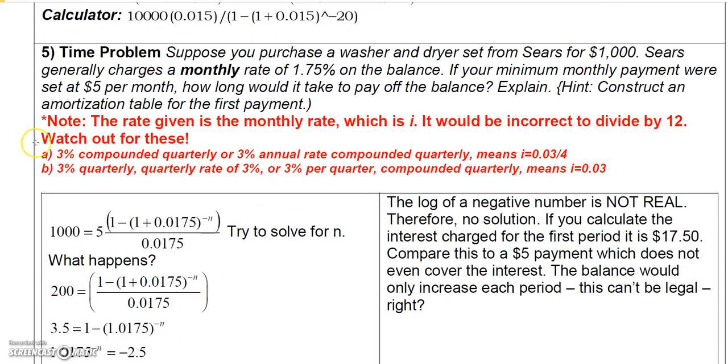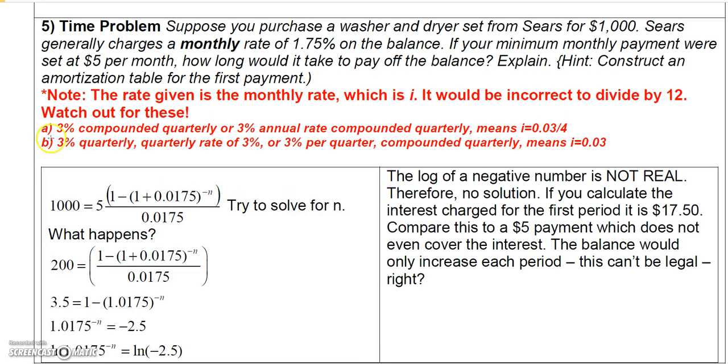All right, let's take a look at a time problem. On this one, I'm giving you one that's a little strange, but I thought you might find it interesting. Suppose you purchase a washer and dryer from Sears for $1,000. Let's say Sears charges you a monthly rate, so again I'm giving you the monthly rate, not the annual rate, of 1.75% on the balance.